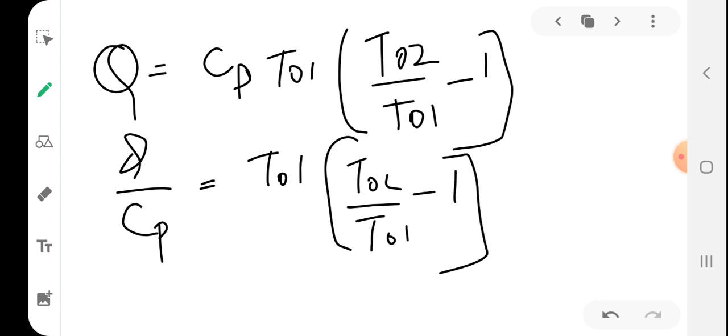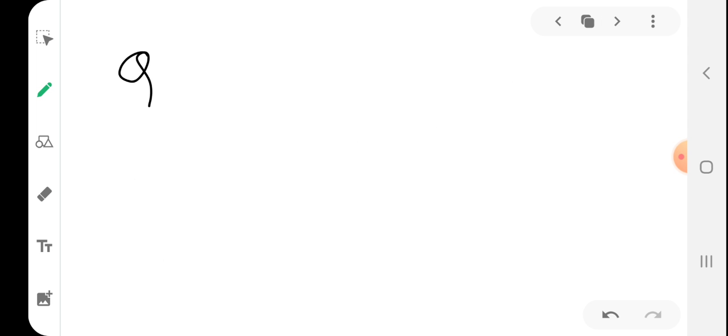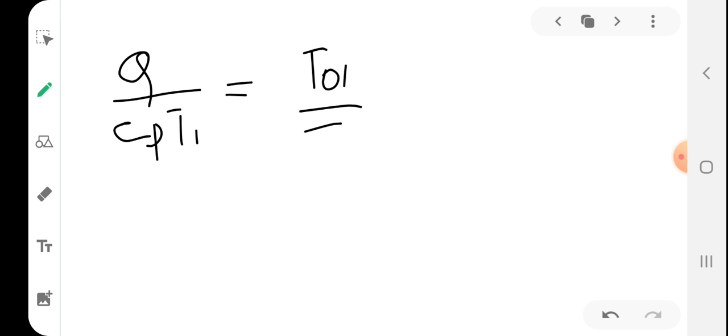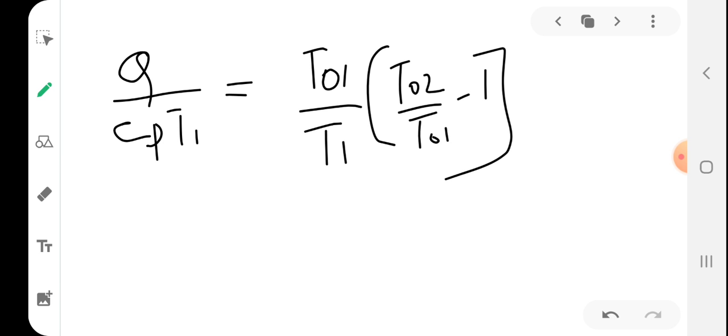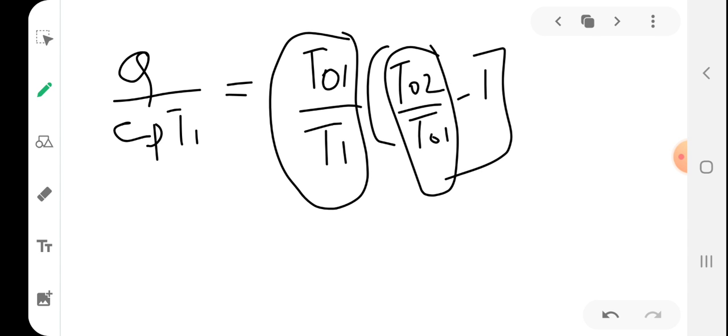Now I am dividing both sides by the static temperature at section 1, T1. If you divide the LHS, you have to divide the RHS also. So Q by Cp T1 equals T01 by T1 into T02 by T01 minus 1. Now you have these two ratios, the stagnation temperature to static temperature ratio and the stagnation temperature ratio.